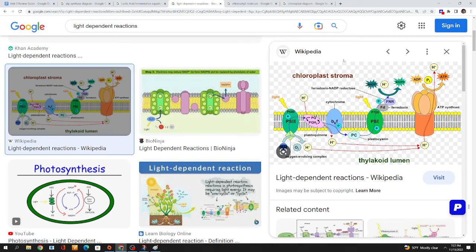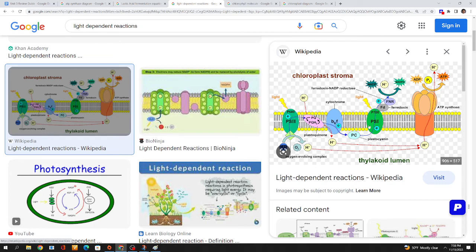Light is going to hit photosystem 1 now, at a different wavelength. This favors light at 700 nanometers, while photosystem 2 favors 680 nanometers. You don't need to know it, but that's basically what it is.